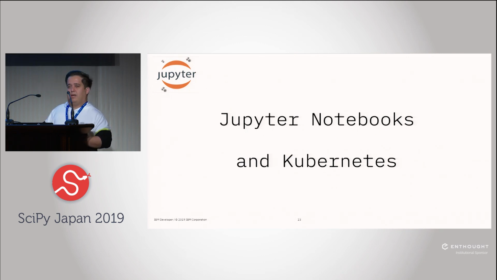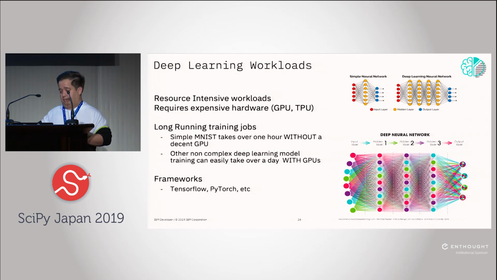So let's talk a little bit about deep learning workloads. When we do deep learning workloads, there are not only scaling requirements, but we also have a lot of different frameworks that come into place.